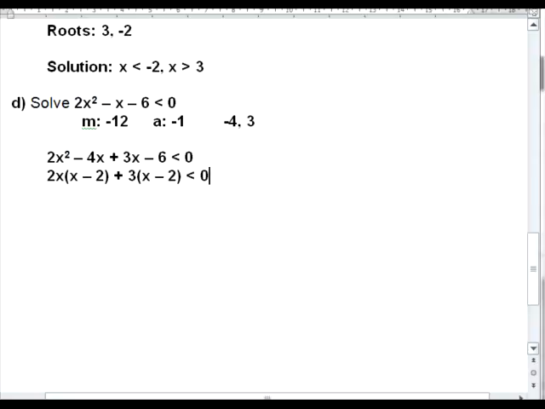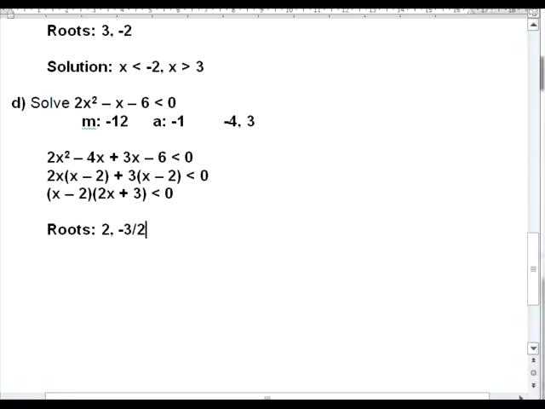Excellent. Wonderful. Tremendous. Alright, Owen, can you give me the next line, please? Okay, great. So it's x minus 2 and 2x plus 3 is less than 0. Wonderful. Taylor, can you give me what my roots are going to be now, please? Okay, great. Positive 2 and -3 over 2.